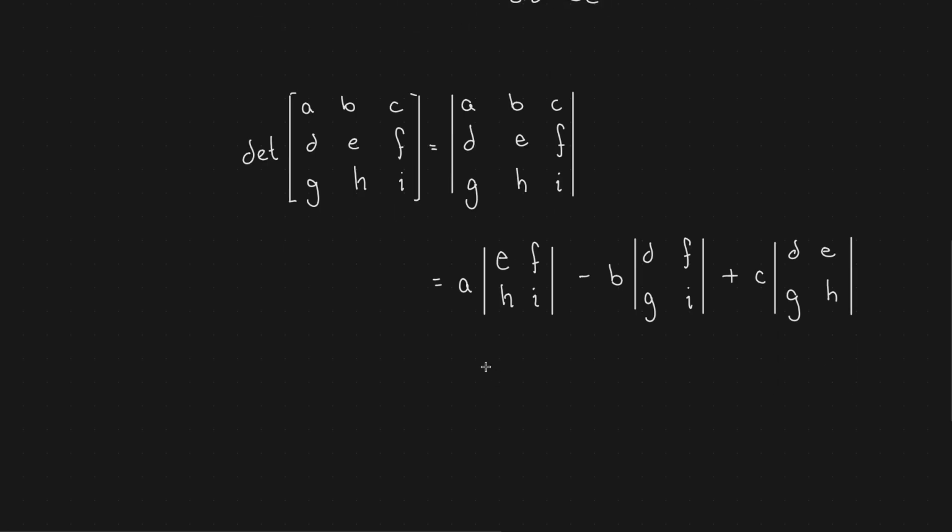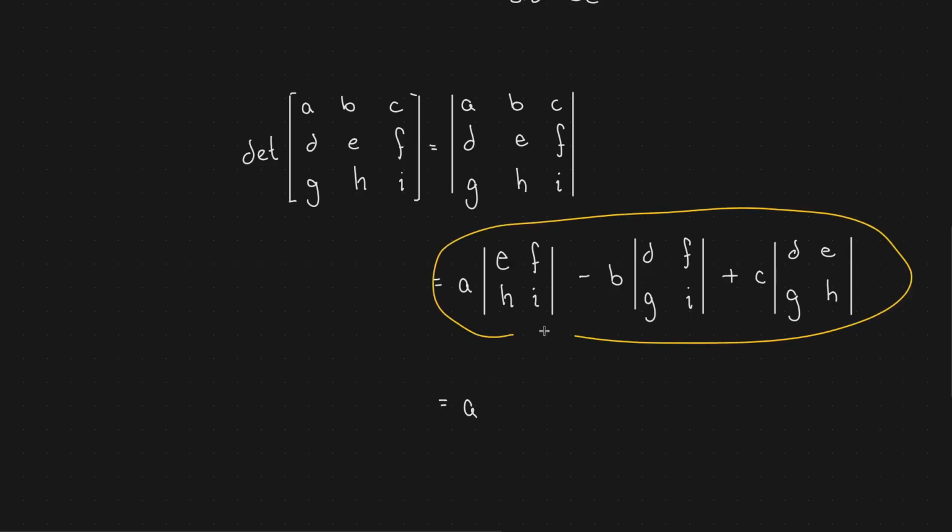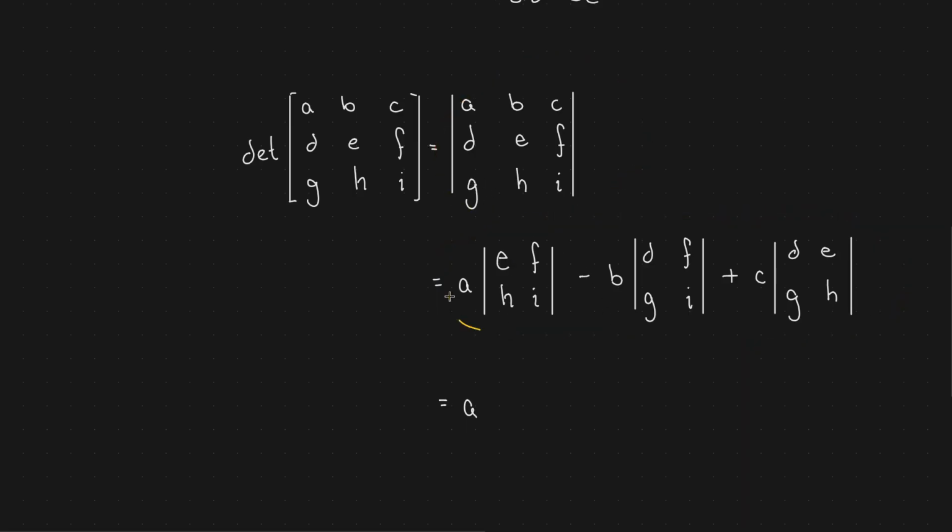And we know the determinant of 2 by 2s. And this will be usually the way we'll think about determinants, going from here to here. But there is a formula. Because we could take the determinant of a 2 by 2. We get E times I minus F times H. Minus B, DI minus FG.